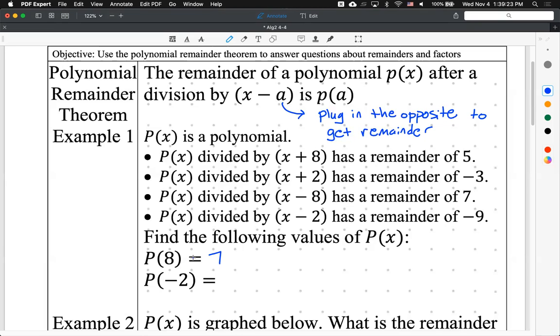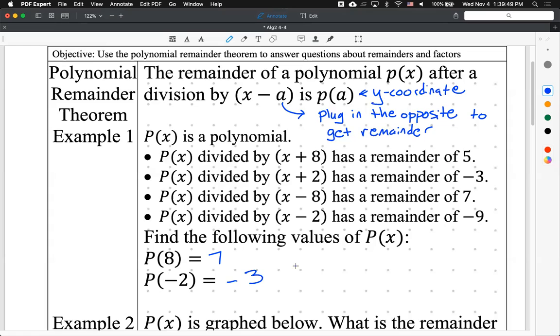All right, what about P of -2? Lots of hands. Yeah, Jenny. There it is. So -2 turns into a +2, -3. There's the answer. Done. They're that easy. Just remember to switch the sign. I'll also write over here P of A, as I said out loud, this is the y coordinate.